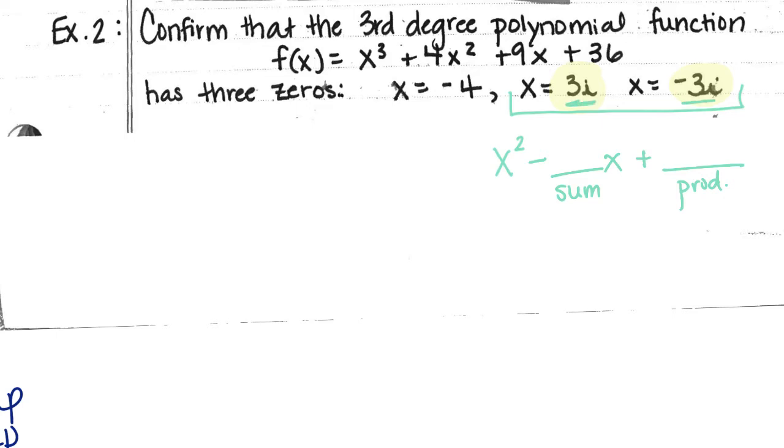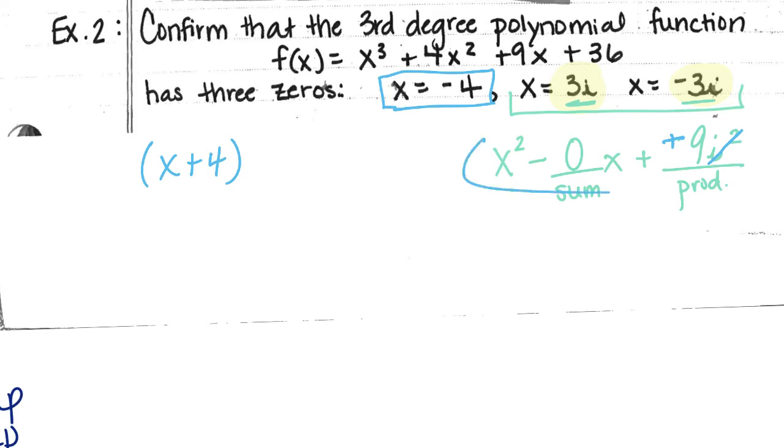When I add 3i and negative 3i, I get 0. When I multiply 3i and negative 3i, I get 9i squared. But remember that i squared is equal to negative 1, so I cancel this out and make this sign change. Now to write x minus 4 as a zero, we just have to change that to x plus 4.